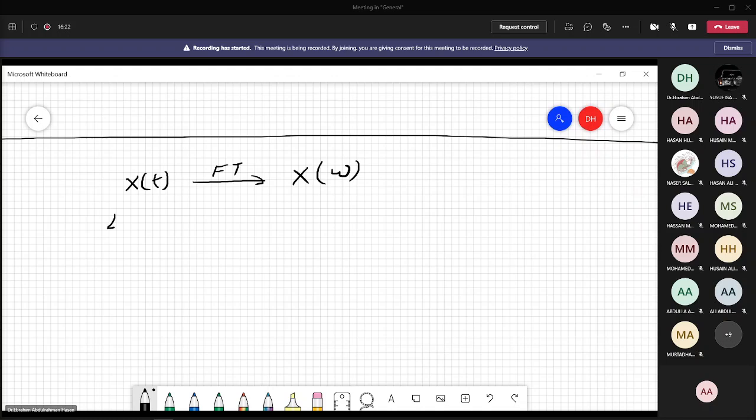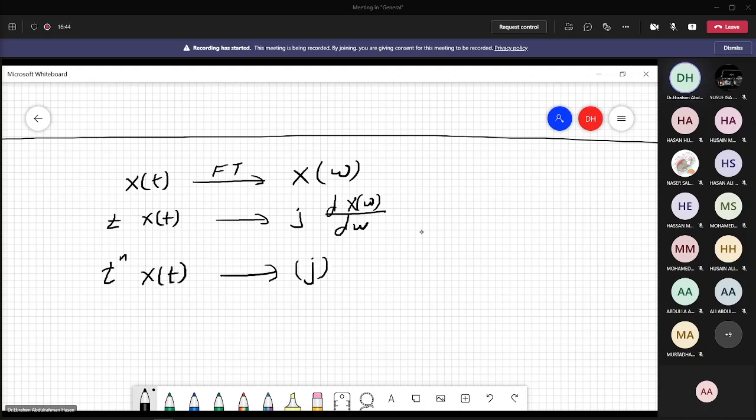So if we multiply this one by t, t x of t, then we will get j times the first derivative of x of omega with respect to omega. Okay, in general, if t to the power of n x of t, then it will be equal to j to the power of n times the nth derivative of x of omega.